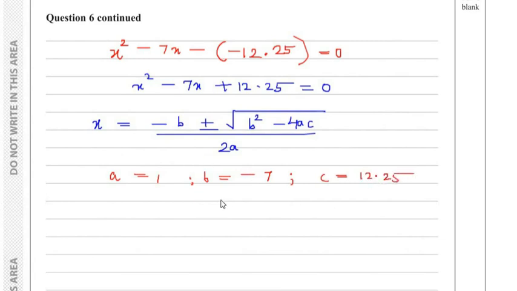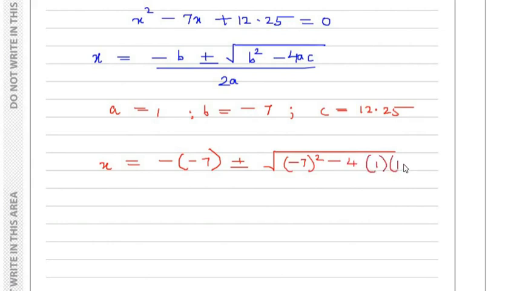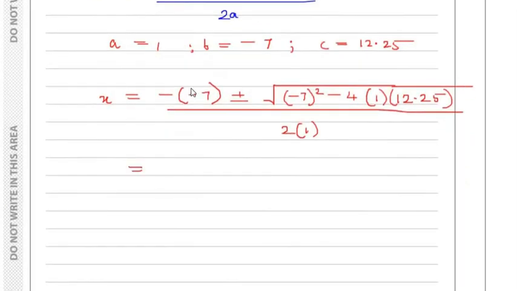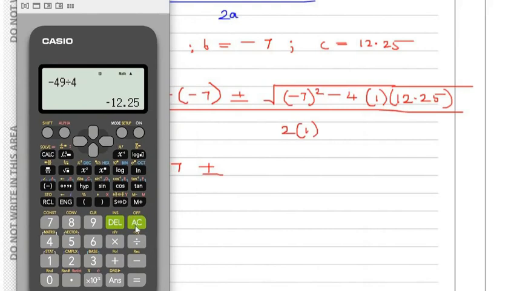So substitute all of these values in this given formula and we get it here as negative of negative 7 plus minus square root of b square is minus 7 the whole square minus 4 times a is 1 and c is 12.25, divided by 2 times a is 1. So here it becomes minus of minus is plus, so plus 7 plus minus, let us check how much is the square root value going to be.